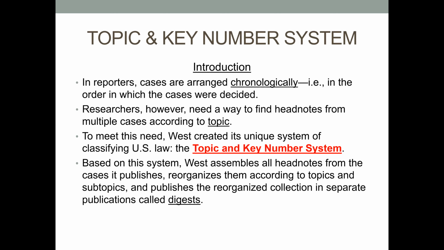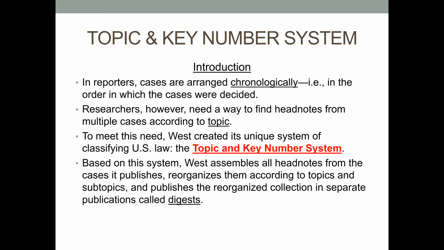In a nutshell, this system involves assembling all the head notes from all the cases that West has published in its case reporters, reorganizing them according to topics and subtopics, and then publishing these reorganized head notes into separate publications called digests.